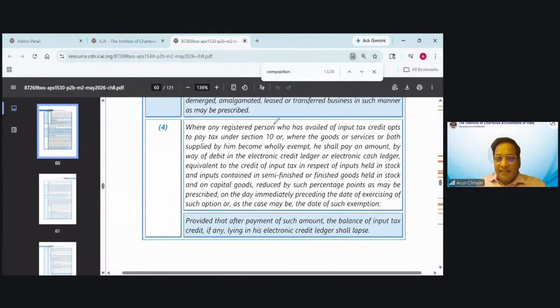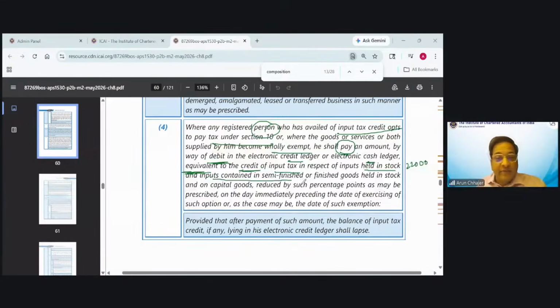Where any registered person who has availed the ITC opts to pay the tax under section 10, that is composition, or where the goods become exempted, he shall pay the amount by way of debit in credit ledger or cash ledger equivalent, kitna equivalent, to the credit of input tax in respect of input held in stock, we have calculated 22,000.